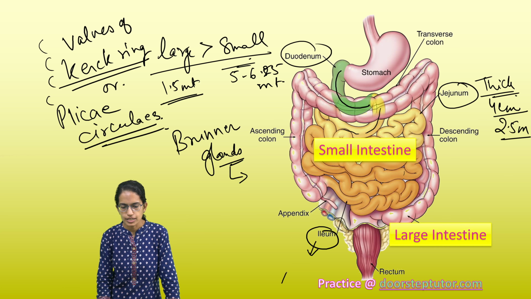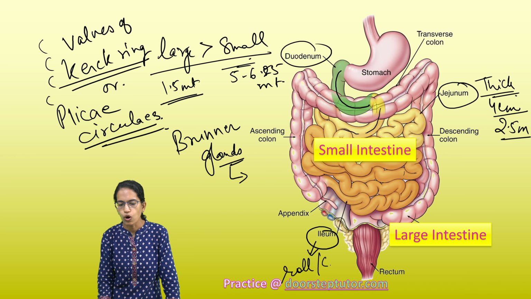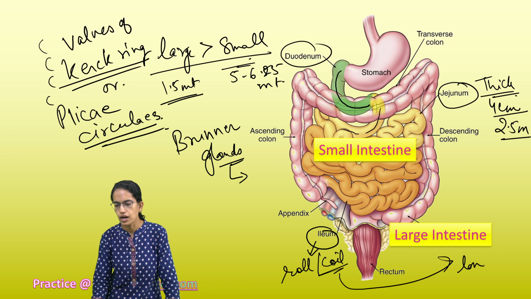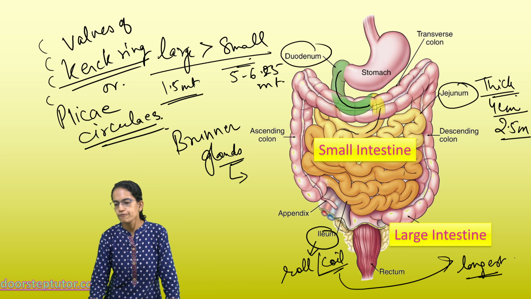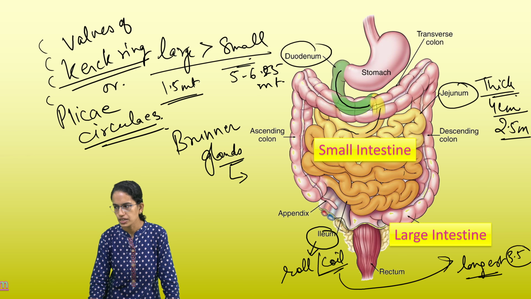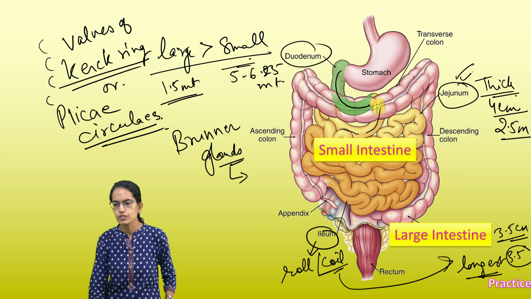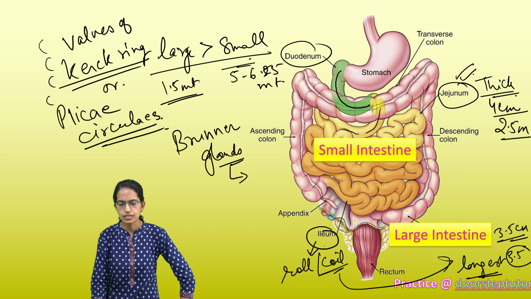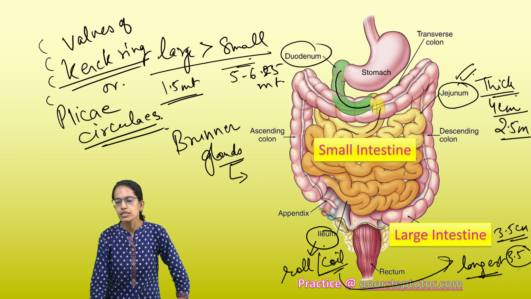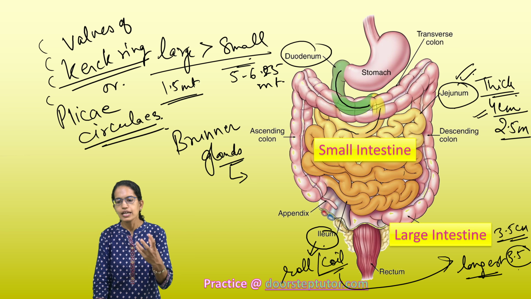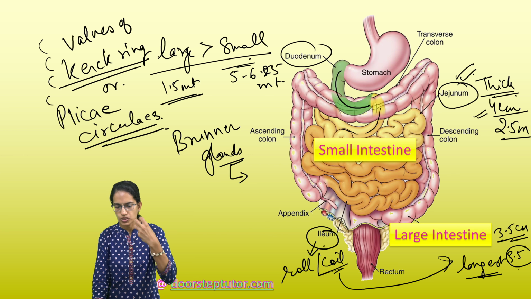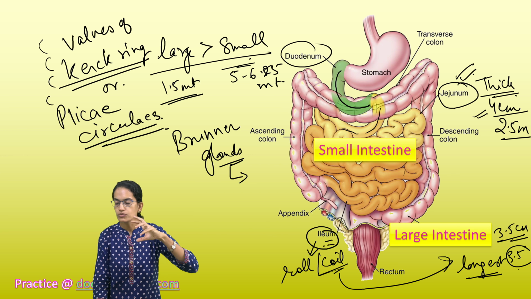The word ileum means roll or coil, and this is considered one of the longest parts of the small intestine, which is around 3.5 meters long and has a diameter of 3.5 centimeters. So the diameter is highest for the jejunum. In comparison between ileum and jejunum, the diameter for jejunum is higher, and then the small intestine becomes thin as it forms the part of the ileum.